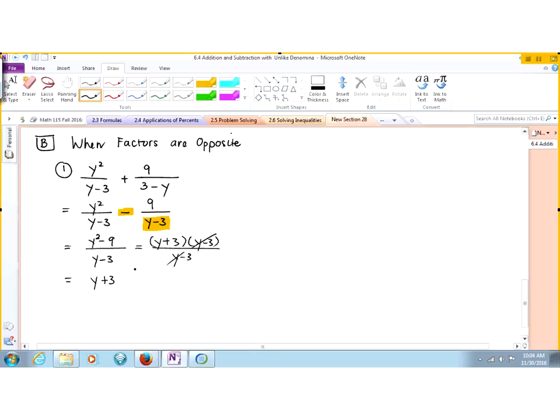This. Good. Number 2. What about if I have 4 minus p over 25 minus p squared plus p plus 1 over p minus 5?